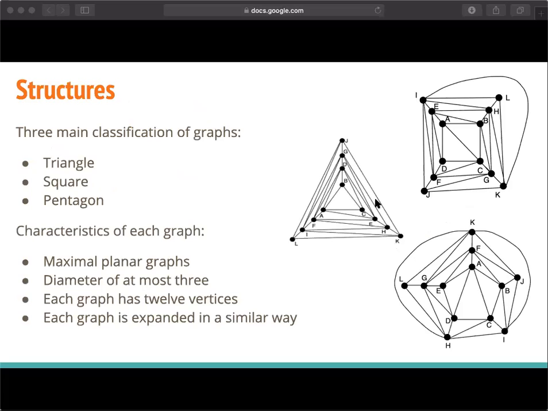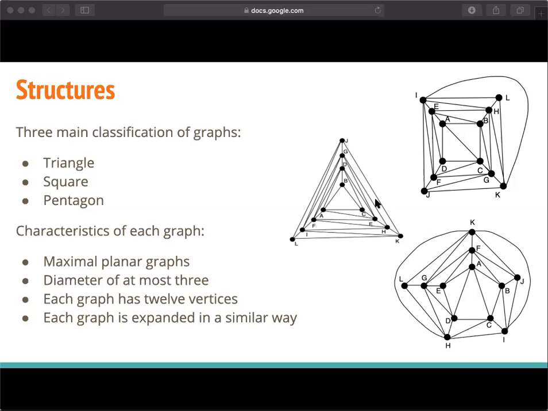In my research, there are 3 main classifications of graph that we will evaluate. Each of these graphs will have a diameter of at most 3 and a maximum of 12 vertices. The 3 main classifications of graphs that I evaluated were a triangle, square, and a pentagon.